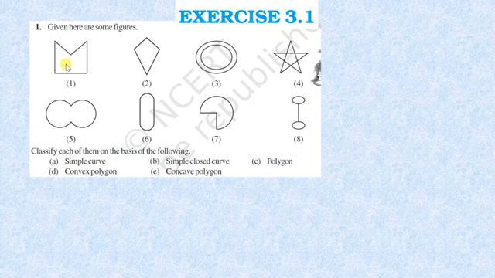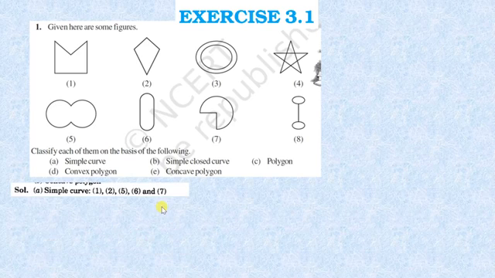So the first one, second one, fifth one, sixth one, seventh one, they are all simple curves. And simple closed curves, all these are closed also. So the simple closed curves are also 1, 2, 5, 6 and 7.